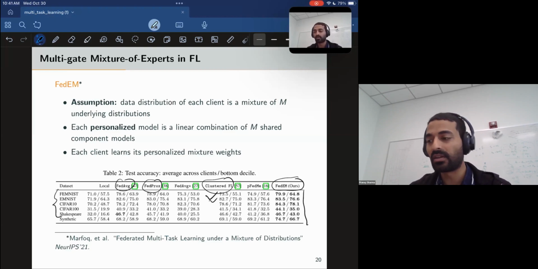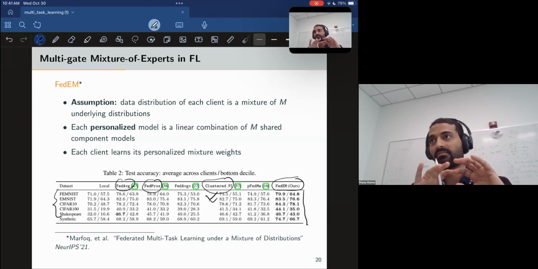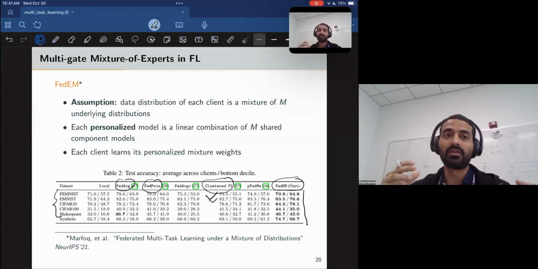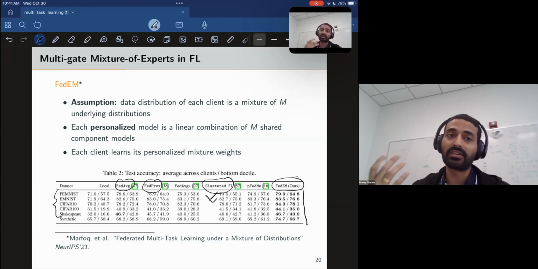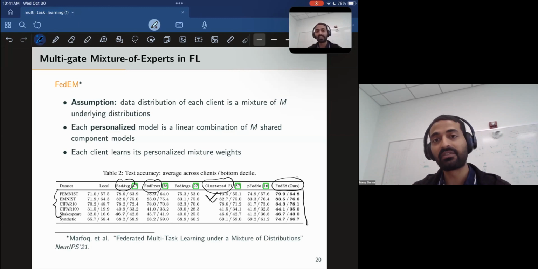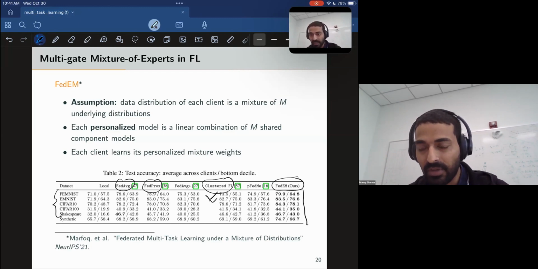So you can use some rules of thumb to improve your performance, but for very different methods where neither of them is a generalization or special case of the other, it's very difficult to say ahead of time which will do better. How is FedEM different from FedRep?